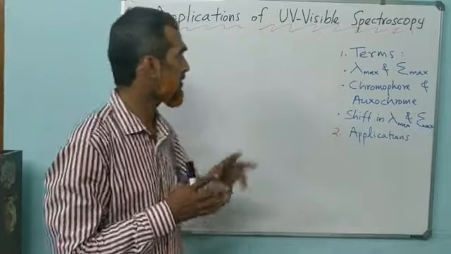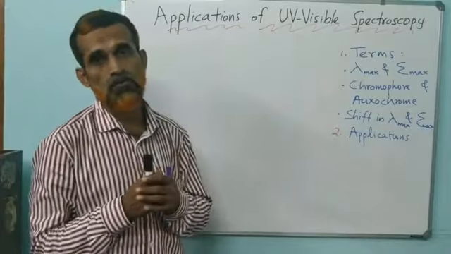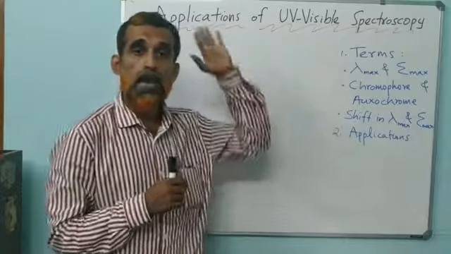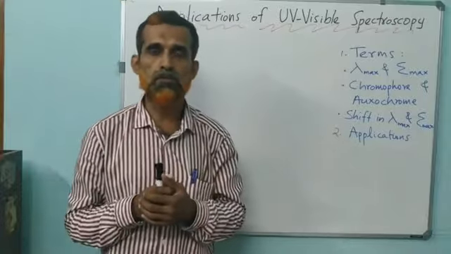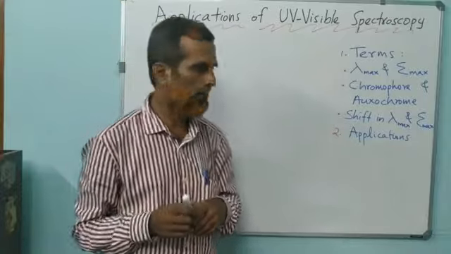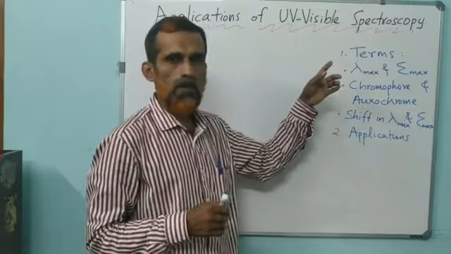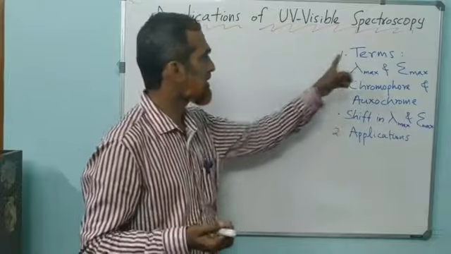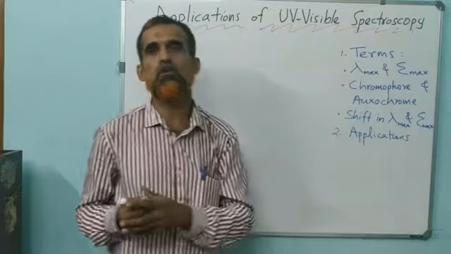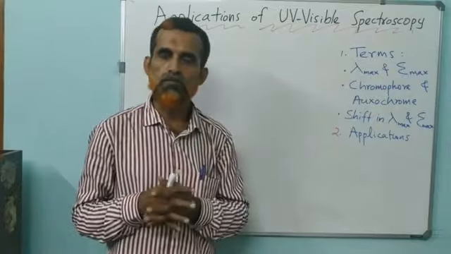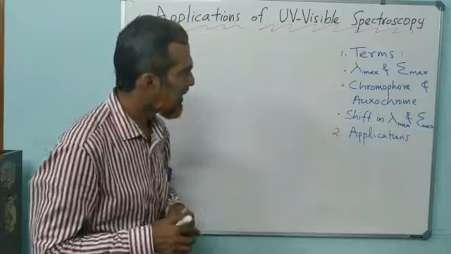Today we discuss the second part of UV visible spectroscopy, that is, applications of UV visible or electronic spectroscopy. Before we go into the applications, let us get familiar with some important terms associated with UV visible or electronic spectroscopy.